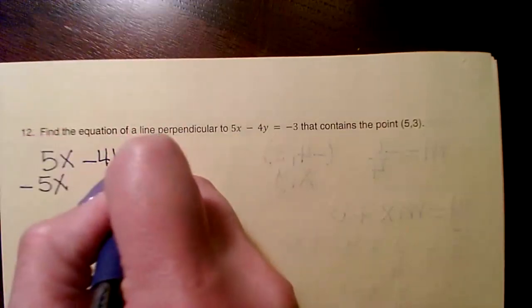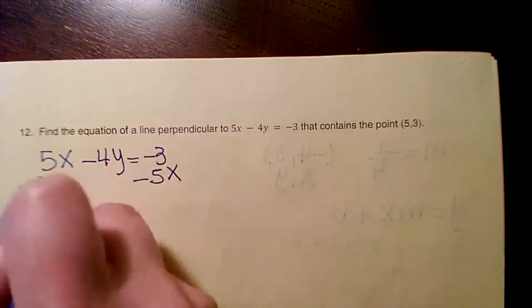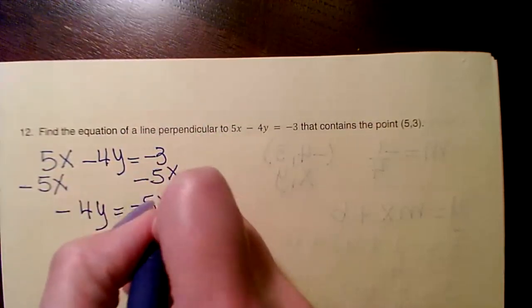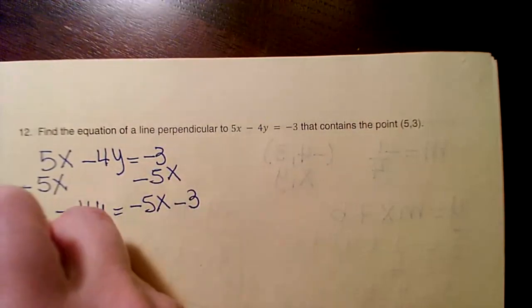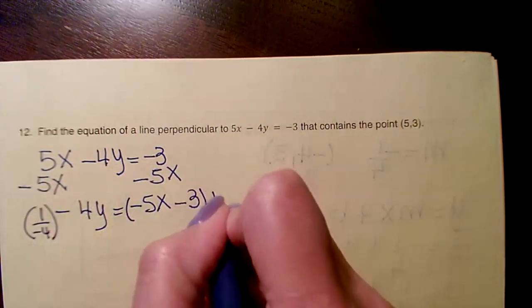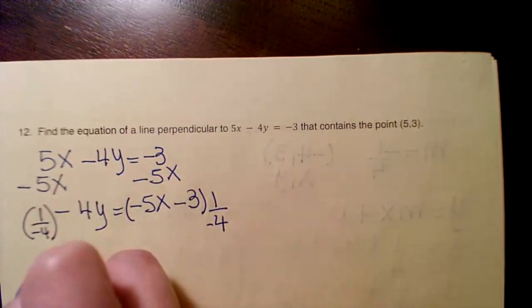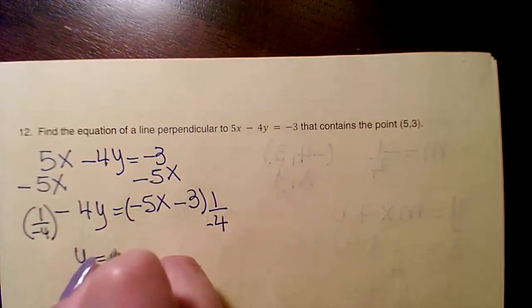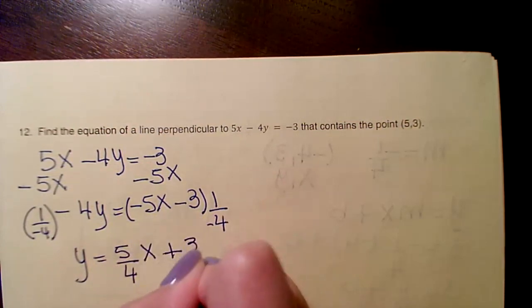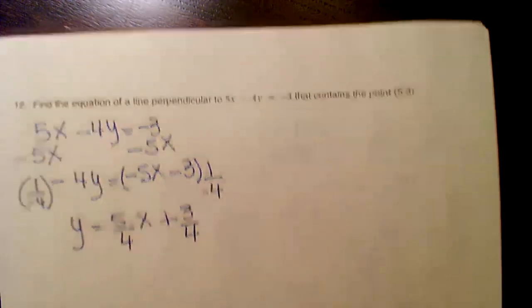So we're subtracting the 5x from both sides, so we get negative 4y equals negative 5x minus 3. Now I'm going to multiply by the reciprocal. This one is going to be positive 5 over 4 x and positive 3 over 4.